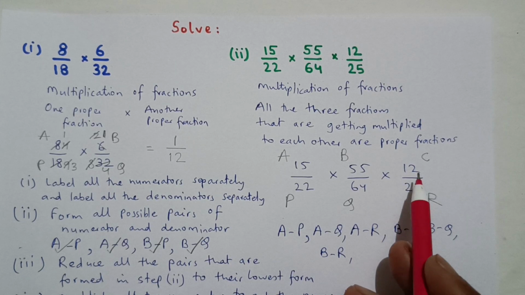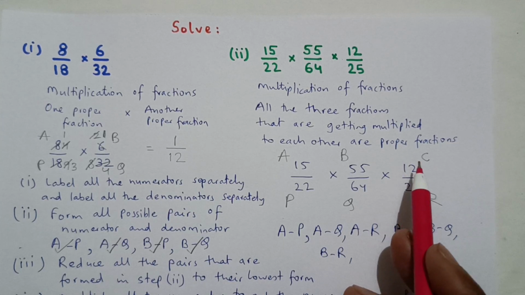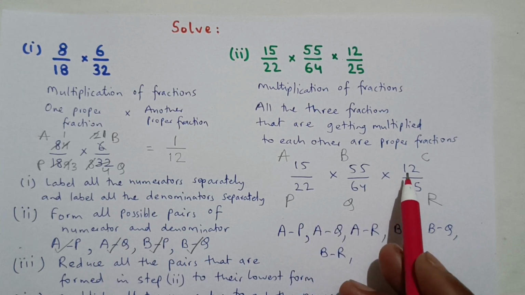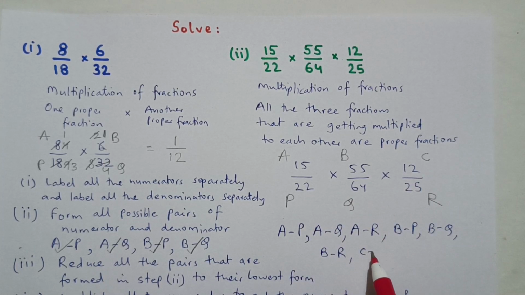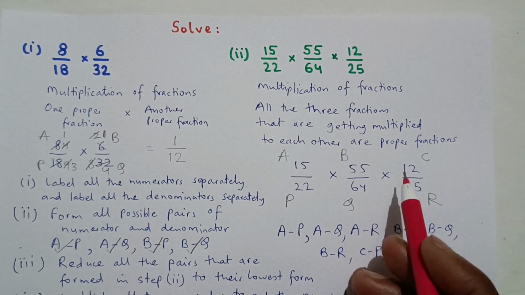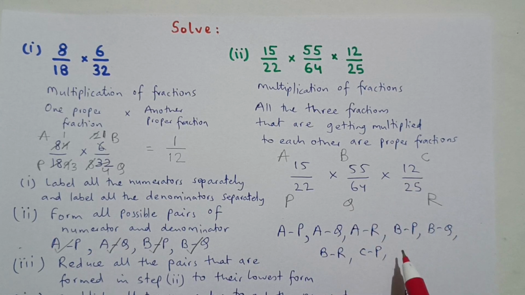Now let us take the numerator 12 and form all possible numerator denominator pairs with this numerator 12. So 12 by 22, this is one pair, so CP. Then 12 by 64, this is another pair, CQ.